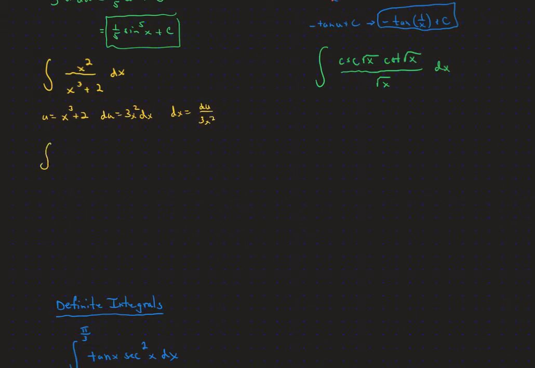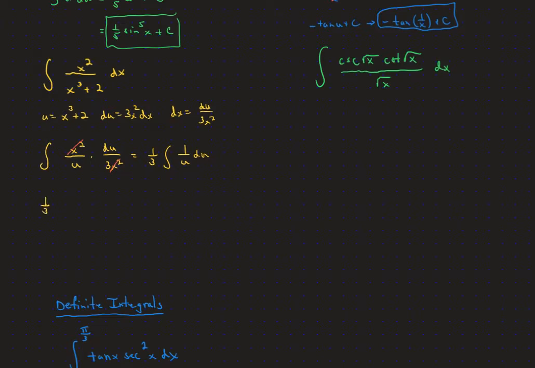So our integral, we're going to leave the x squared up there for a moment. The denominator, that whole denominator is just u. And the dx, we're going to call du over 3x squared. This is going to work because we can account for all of those powers of x and pull the extra 1/3 out, and it becomes an integral that is going to become more and more familiar, 1 over u du.